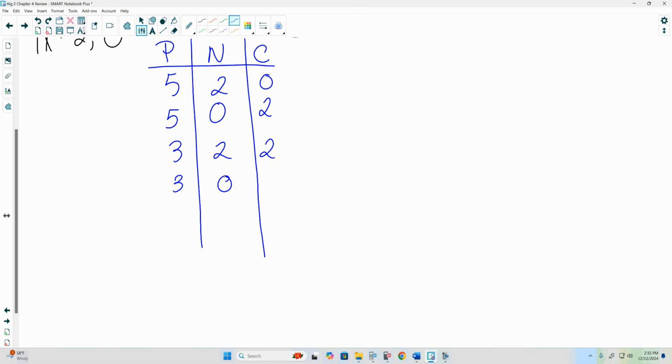How many are we missing? 4. 4 complex. We only have 2 left because we did all the ones with 3 positives. Now we have 1 positive and 2 negatives. Total of 3. So how many are we missing? 4. And lastly, 1 positive, 0 negative, and 6 complex.